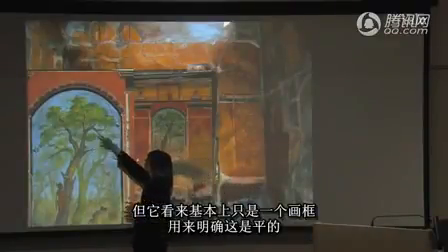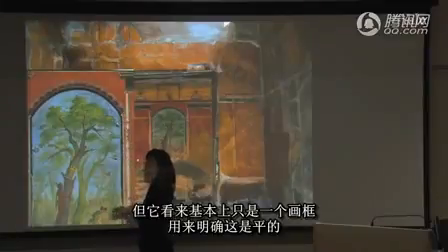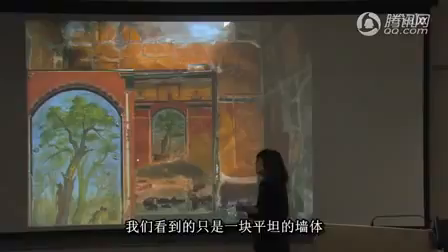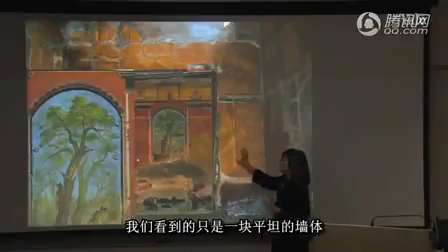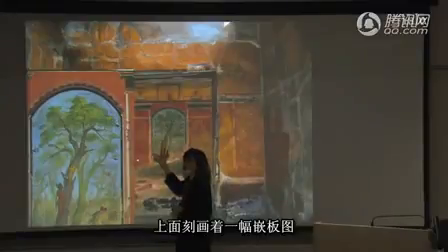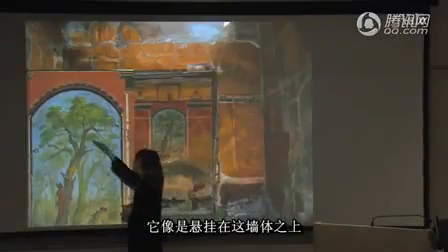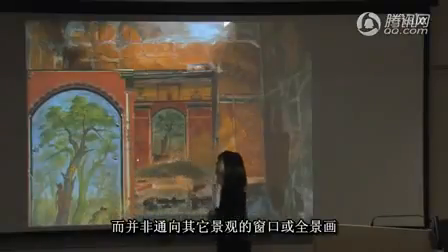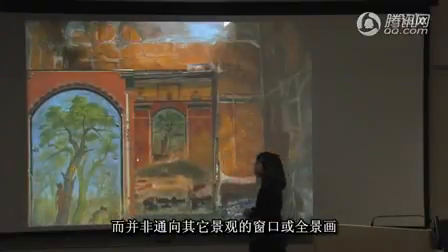But it looks to us like it's basically just a frame that is making it clear that this is flat, that what we are dealing with here is a flat wall onto which a panel picture has been attached. It is hung. It seems to be hung on that flat wall. It is not meant as a window or a panorama into something else.